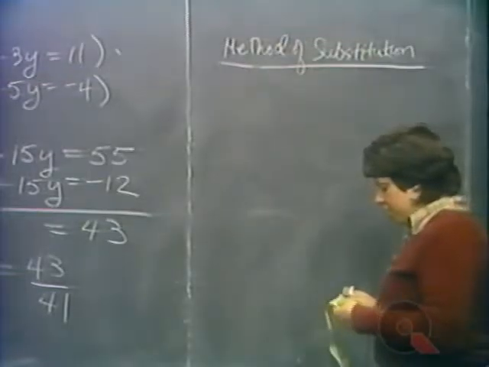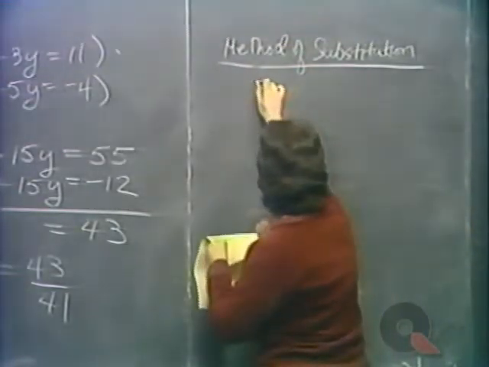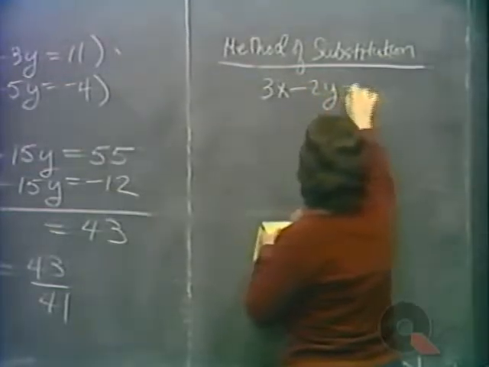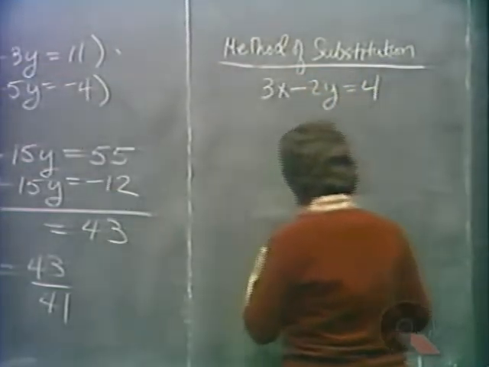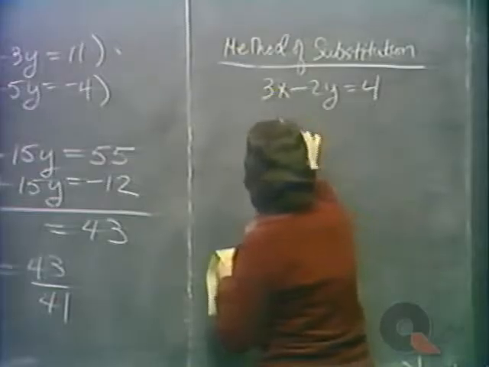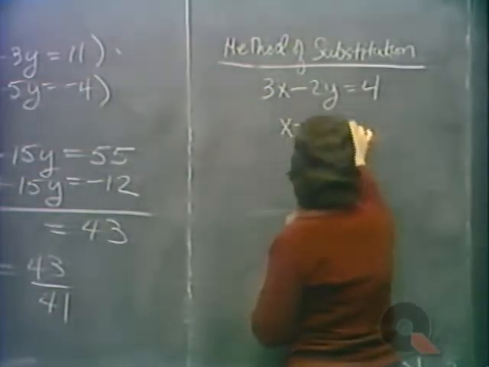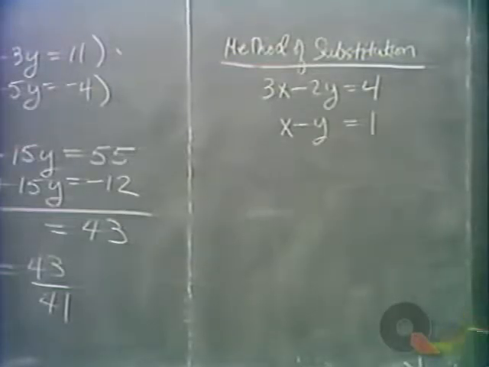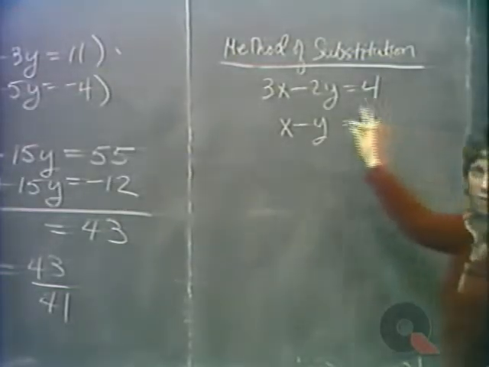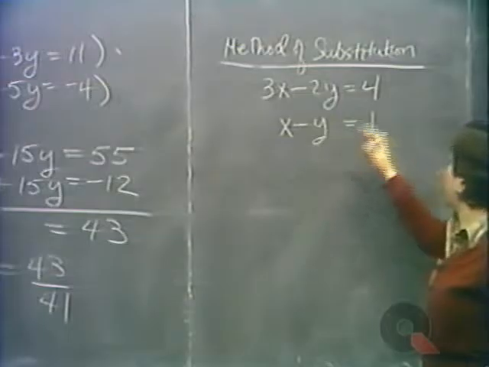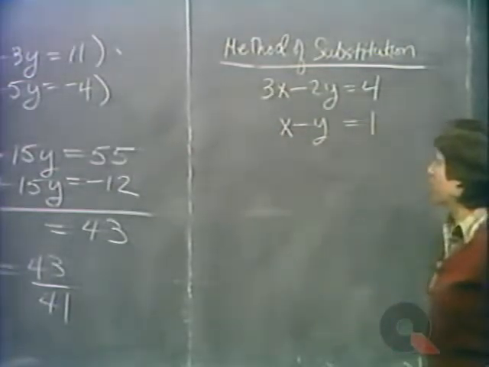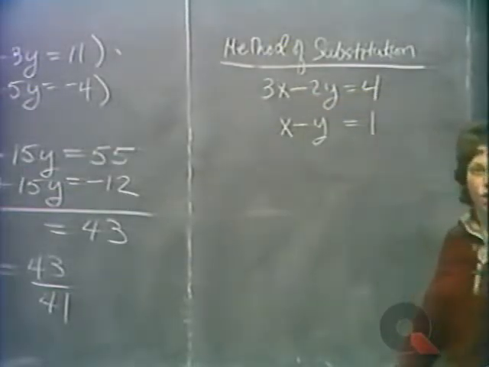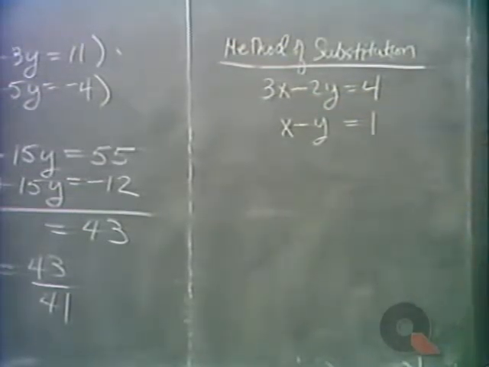Let's say you had a system of equations like this. 3x minus 2y equals 4. And x minus y equals 1. Now we are aware of the fact that we could solve this system by multiplying, say, both sides of the bottom equation by either a minus 2 or a minus 3 and then add to eliminate one of the variables and go through that procedure.